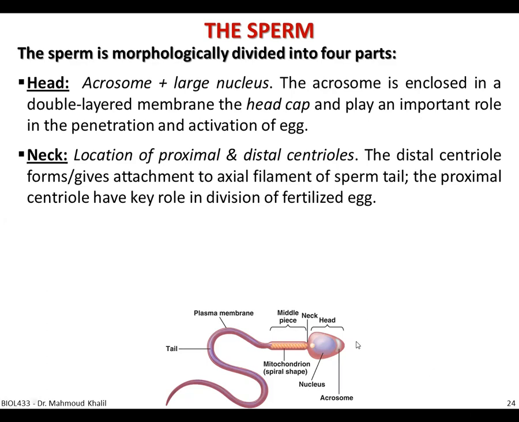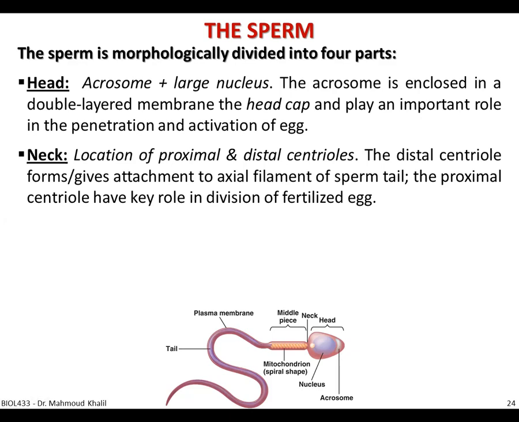So as long as the acrosome exists inside the sperm, it has to be protected by a double layer in the head cap region. So this region is called the head cap region. And as we said before, it is important for the penetration and activation of the egg, or the ovum.